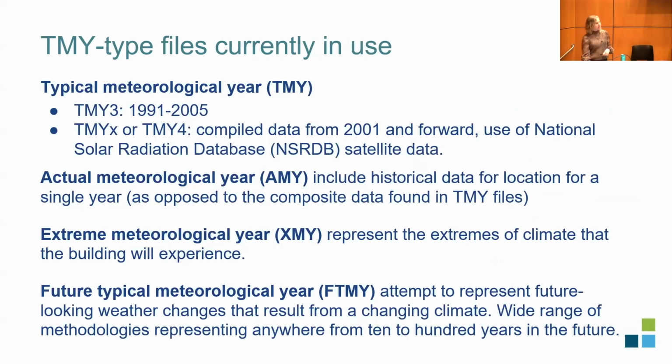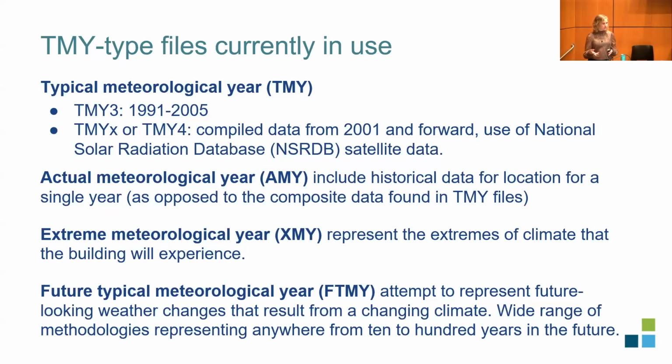Some of the weather files that are in use right now: TMY3 historically has been the most common. This is using data from 1991 to 2005. More recently, we've released TMYx files, and this is using data from 2001 and forward. It's also using satellite data for solar, which is a major improvement from before because it used to be modeled data. We also have actual meteorological year, or AMY, which is a single historical year.